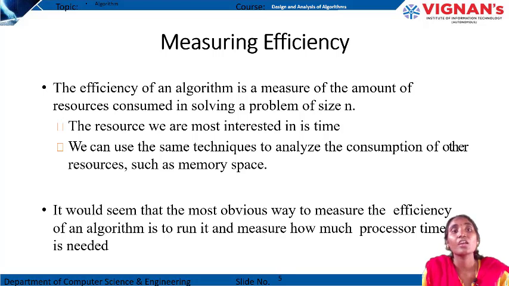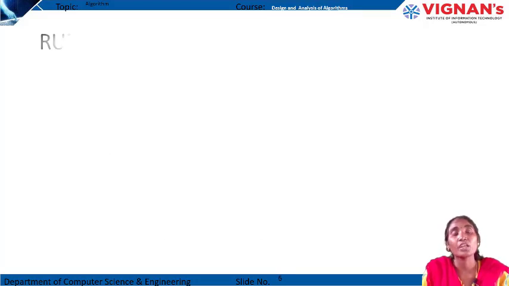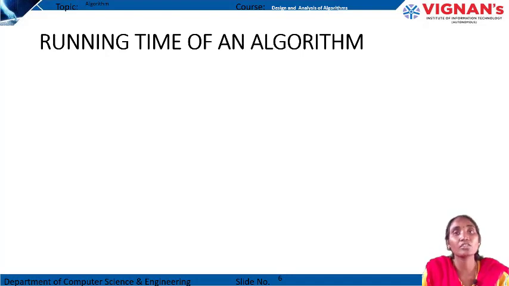We measure based on the time constraint, that is, how much time is required to execute a particular algorithm, and also how much space is required to execute it. Based on these two measures, we measure the efficiency of an algorithm. For some algorithms, we also need to calculate the processor time.